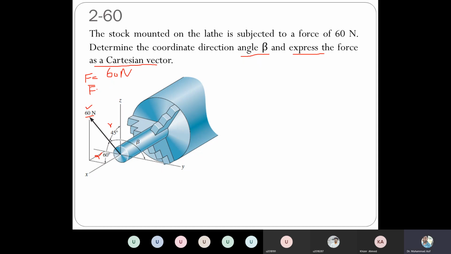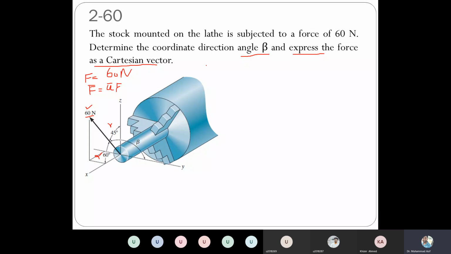How can we convert it? By multiplying with a unit vector. So you need a unit vector and then you multiply it with the scalar force, then you get a force vector. But first of all, we need the value of beta.